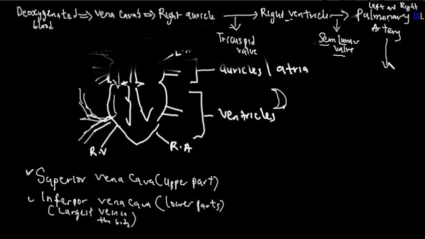Okay, now moving ahead. That deoxygenated blood, we said the pulmonary artery will carry it to the lungs, both left and right lungs. Now, what will happen in the lungs? Oxygenation. So blood becomes oxygenated. Did you get this now?